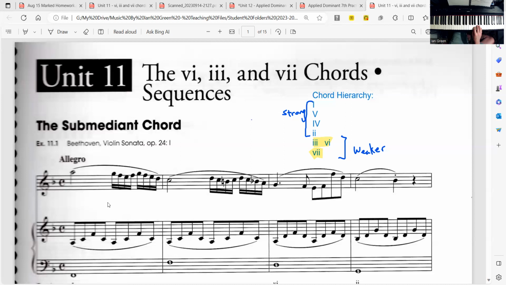Now we can also compare the 6th chord to the 4 chord, F, A, C. And you can see how 6, which is A, C, E, and 4, which is F, A, C, contains 2 notes that are the same again.